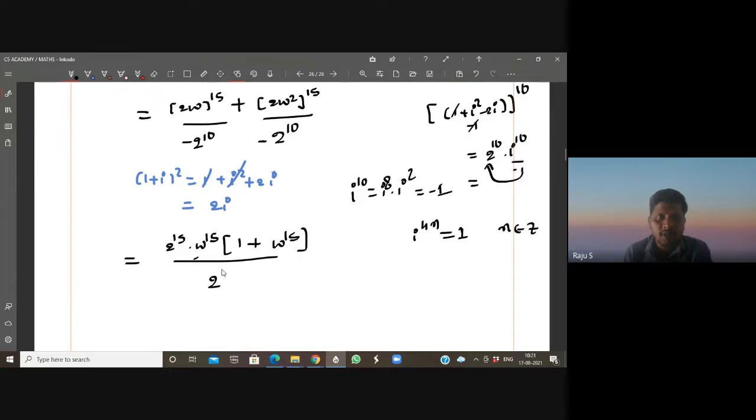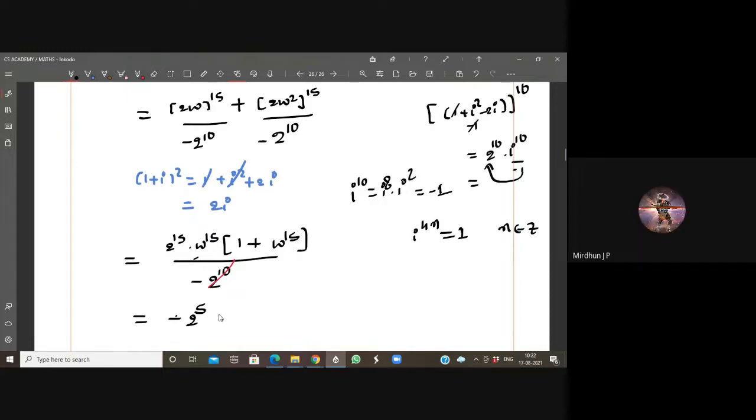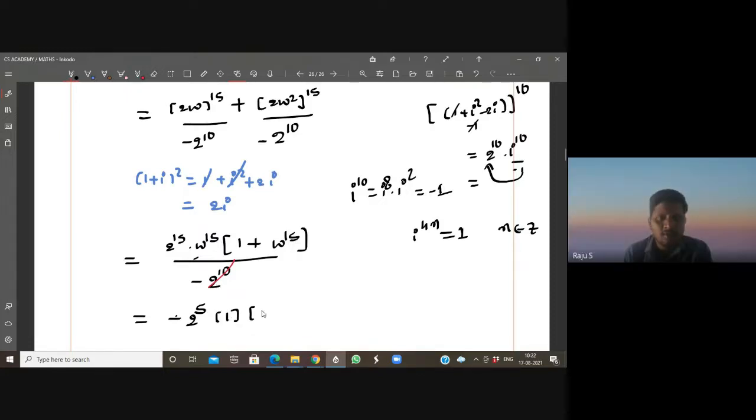And common here is minus 2 whole power 10. When I cancel, 2 power 10 and 2 power 10 get cancelled, so the remaining value is minus 2 power 5. What is omega power 15? Is 15 a multiple of 3 or not? So 1 plus omega power 15, what is the answer here?